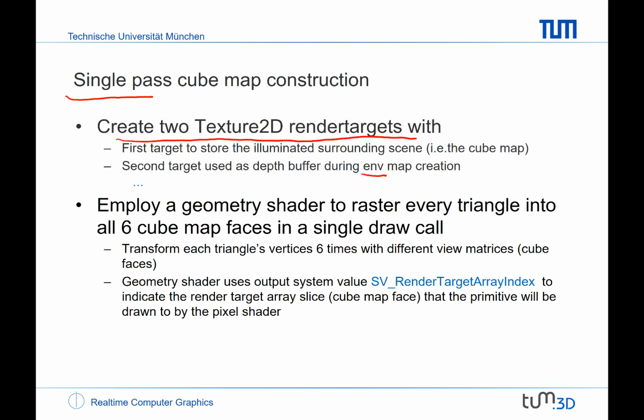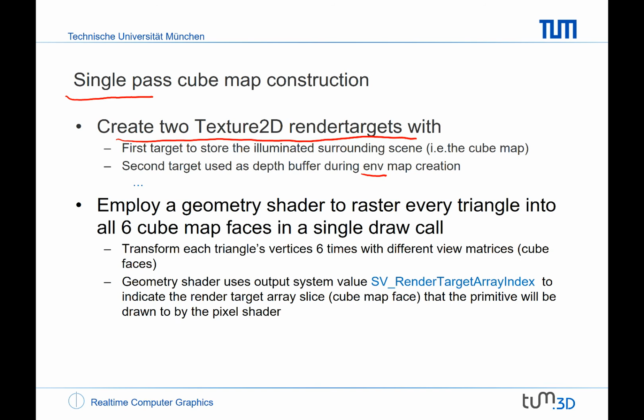We employ a geometry shader to rasterize every triangle into all 6 cube map faces in a single draw call. You can imagine this as follows: you submit the scene once into the pipeline, and then the geometry shader grabs every single triangle and transforms it 6 times with respect to the 6 views we want to generate when looking out of the corresponding cube map faces.